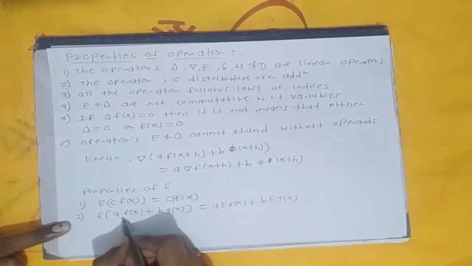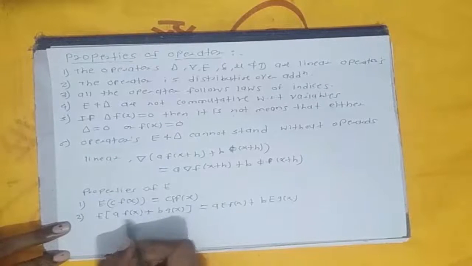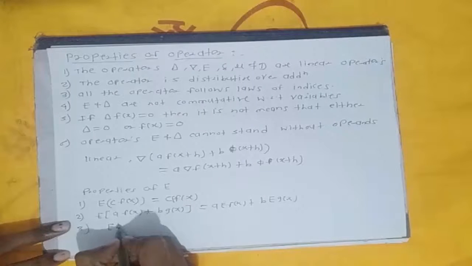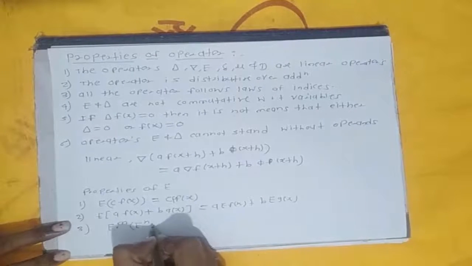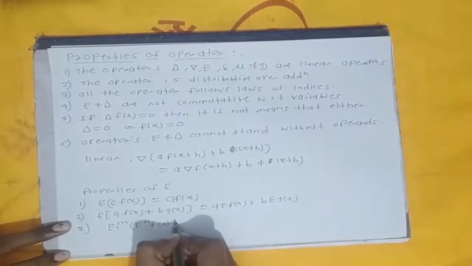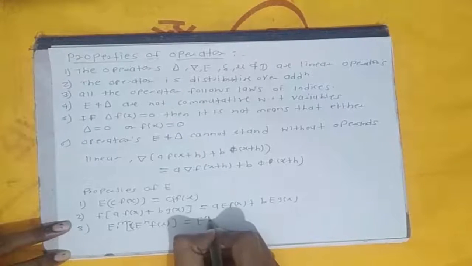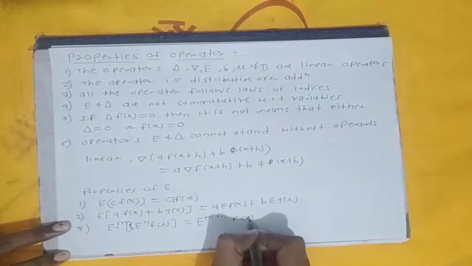That is the linearity property of the operator E. Then the third one is E raised to m into E raised to n f of x is equal to E raised to m plus n f of x.